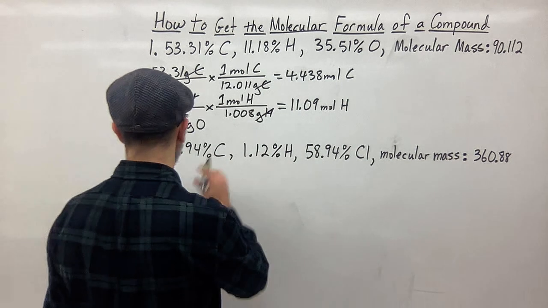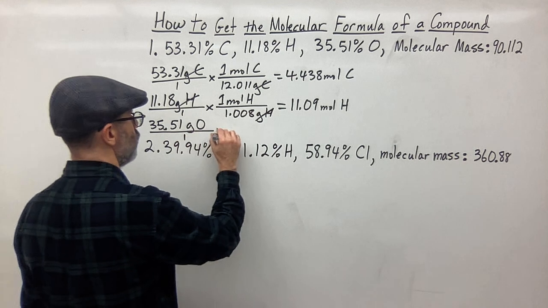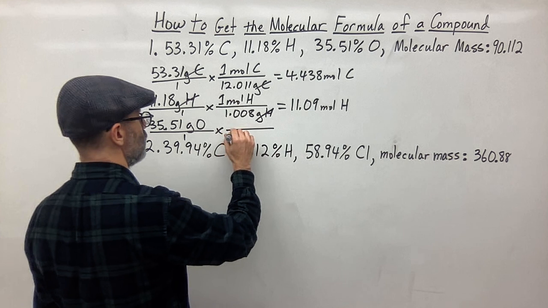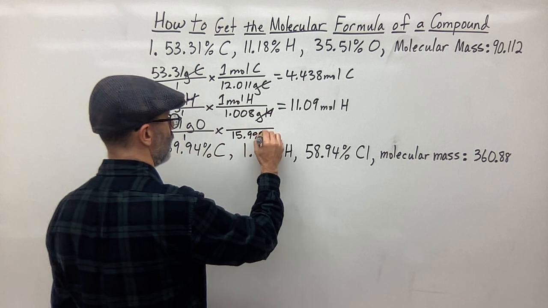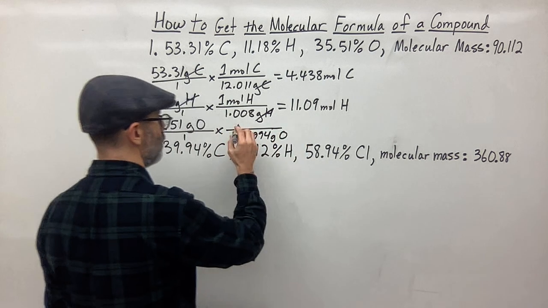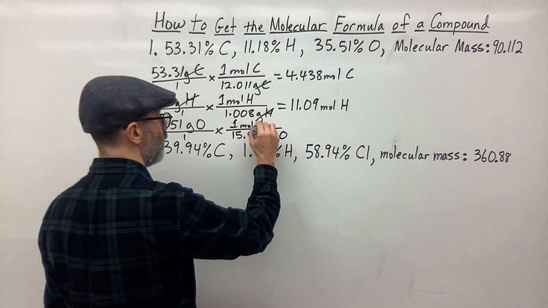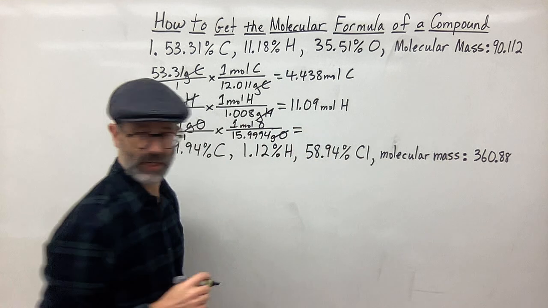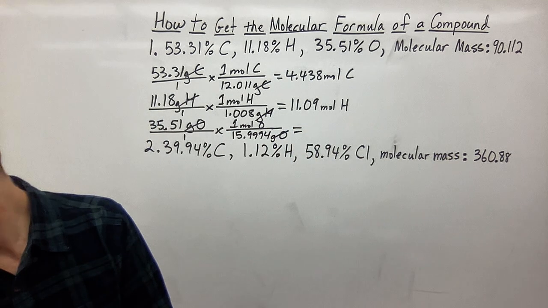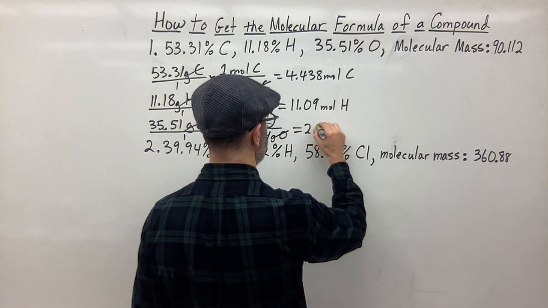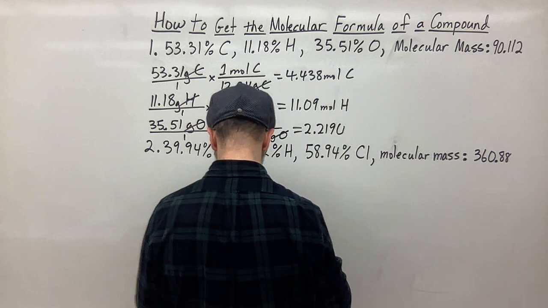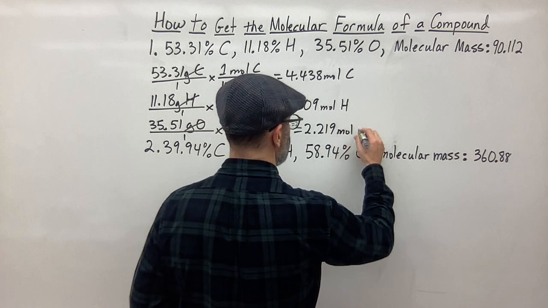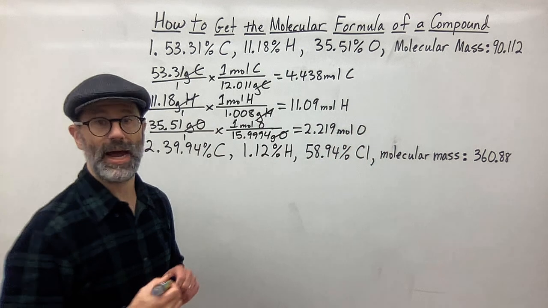And then finally, oxygen. I multiply by the conversion factor, the molar mass, 15.9994 grams of oxygen on the bottom, 1 mole of oxygen on top. Grams of oxygen cancel out, and when I divide that, I get 2.219 moles of oxygen. So now I have the moles.